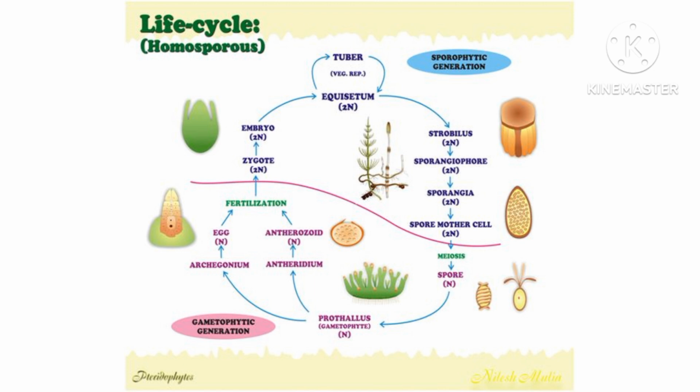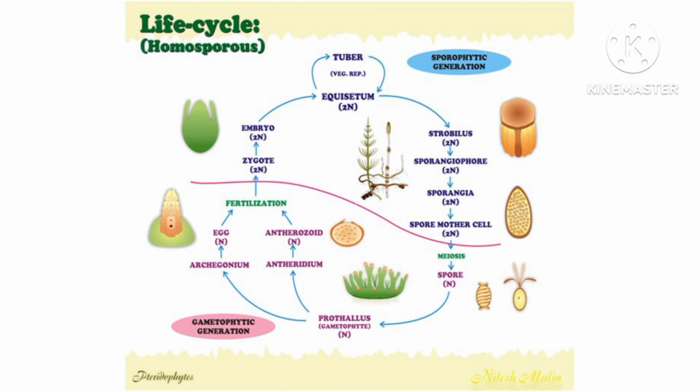This is the life cycle of a homosporous plant. Here is the Equisetum plant. From the female strobilus, the sporangiophore arises, and from the sporangium the spore mother cells arise. Again the spores are formed, forming the gametophyte, the prothallus.